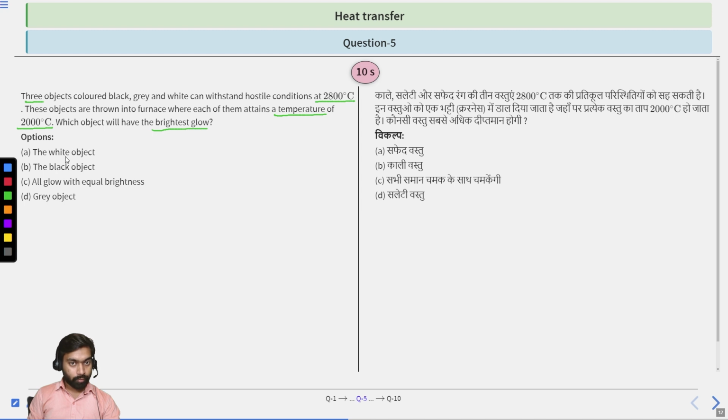Option A, the white object; option B, the black object; option C, all glow with equal brightness; and option D, the grey object. You have 10 seconds to solve this question. After 10 seconds, we will provide the solution.